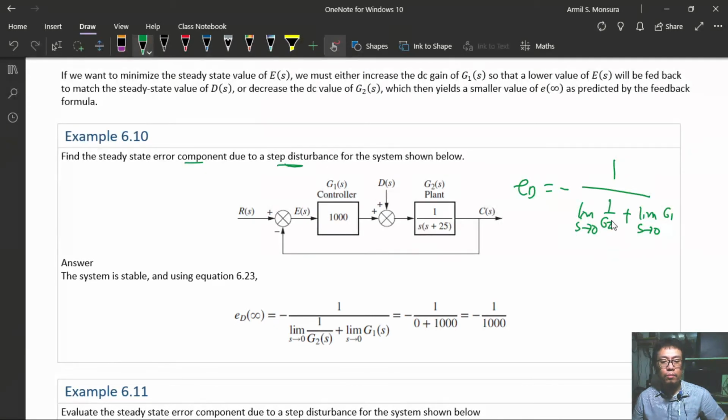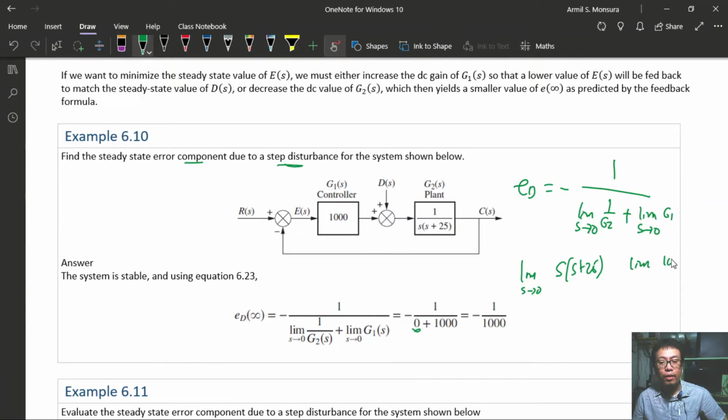Okay, so obviously ito, this is basically 0. Okay, kasi magiging yan yung reciprocal value nito, okay, kasi i-reciprocal natin siya, no? So magiging S times S plus 25. Okay, so ngayon kung i-evaluate natin yung limit niya as S approaches 0, okay, that should be 0 times 25, so that is 0, kaya 0 ito. Okay, then the other part with limit ng G1 is basically limit of 1,000.